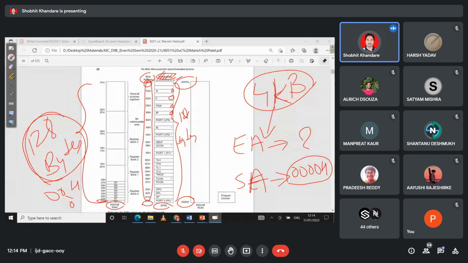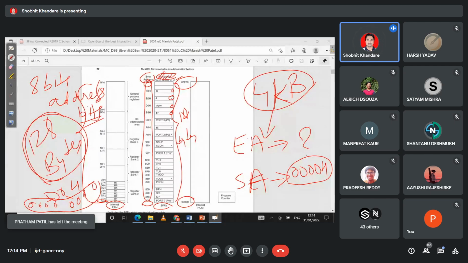This 0 means 0000 and this 0 means 0000. So total how many bits are there? 8. So can I say I require total 8 bits address? These are called as address bits. Total 8 bits of address bits are required.